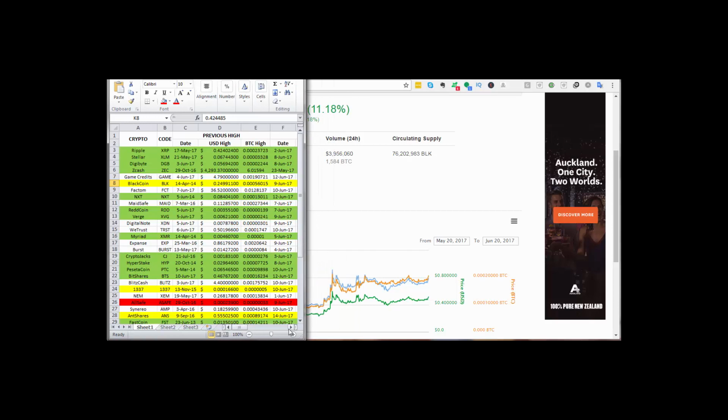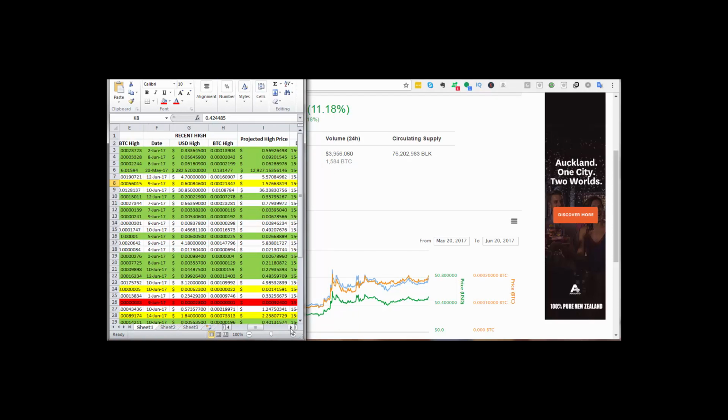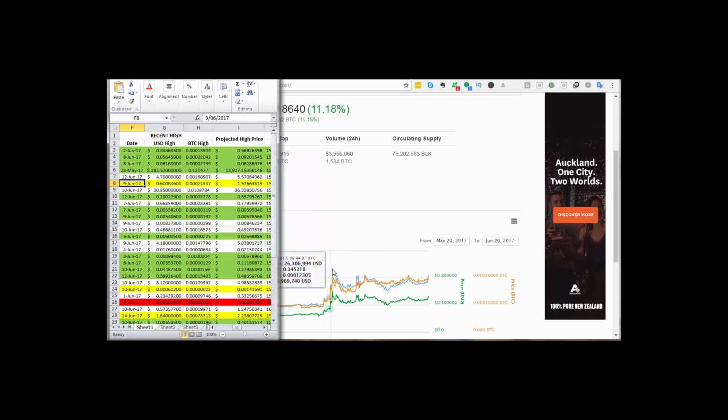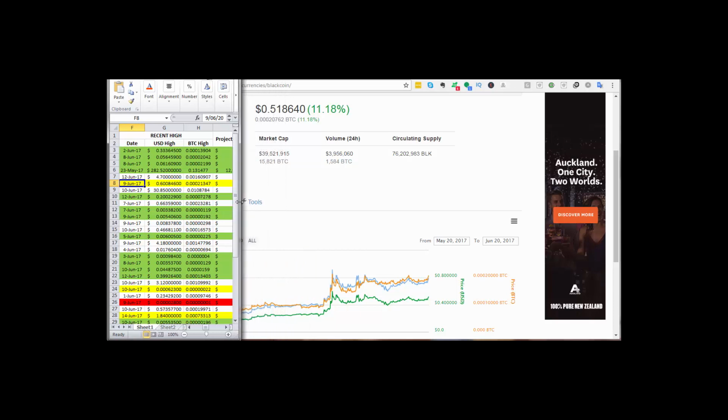So if we move on, right here, the recent high, let me just move this up. I'm going to have to move this a little bit smaller so it'll fit in.